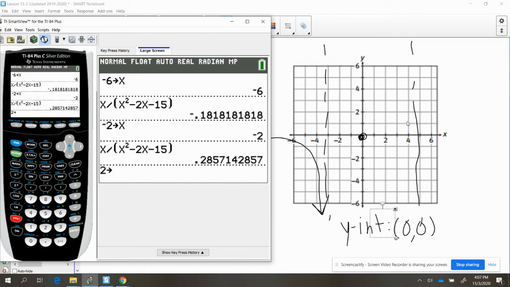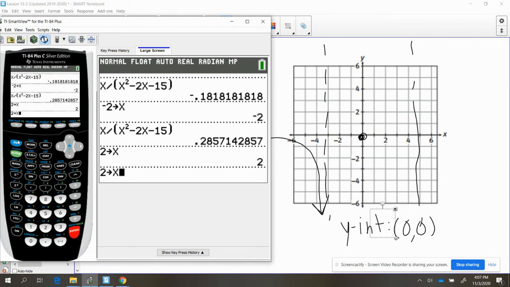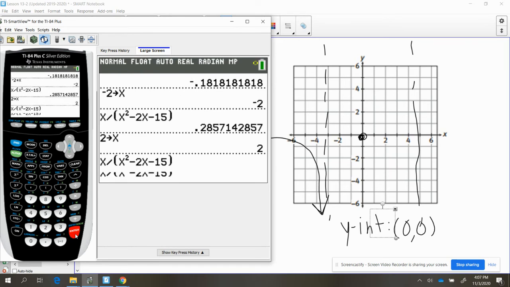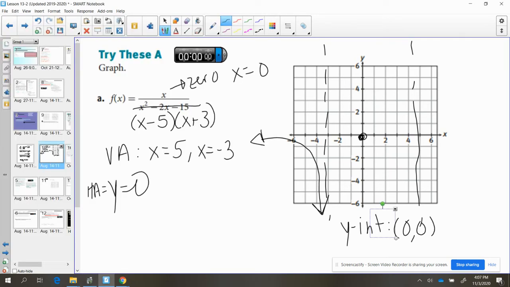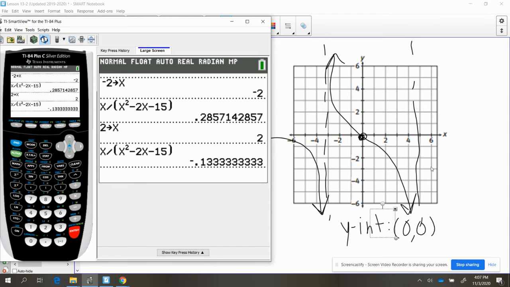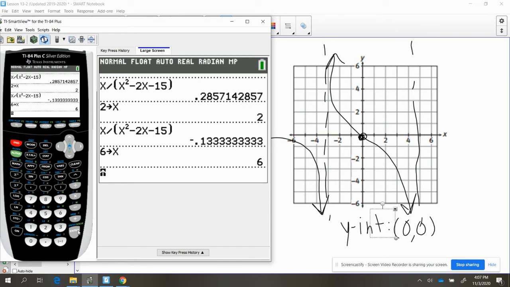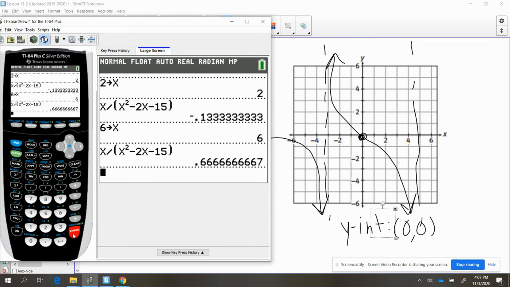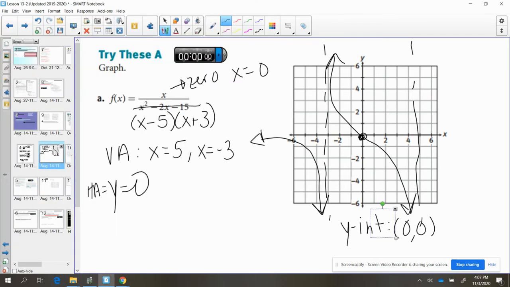A number on this interval here, let's say 2, if we store that as x and test this out, we'll see that that's negative. So we're going to probably have something with an end behavior like so along here. And then finally, if we test a number on this other interval here, let's say +6, because we know it's on the right side of our vertical asymptote, we would see that we have a positive value. So more than likely our graph is looking something like this, still following along that horizontal asymptote though. Okay, so there's a sketch of our graph.